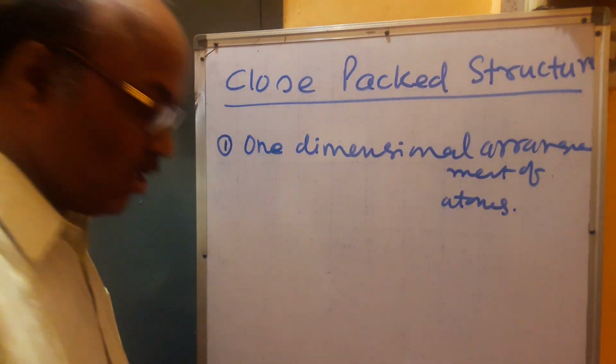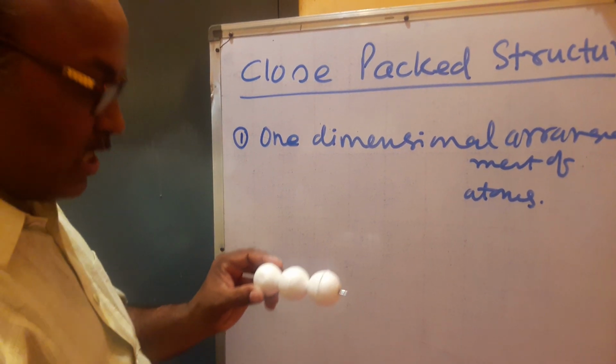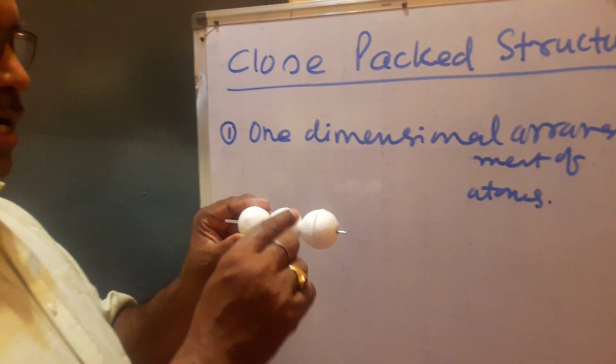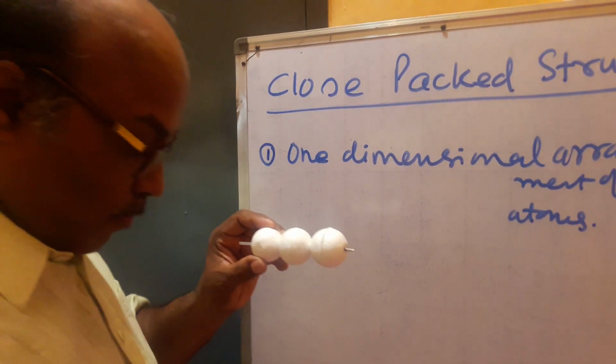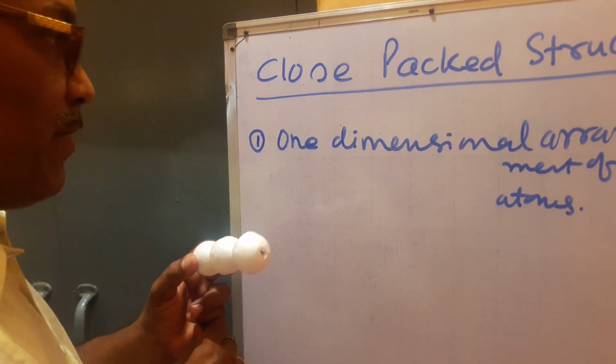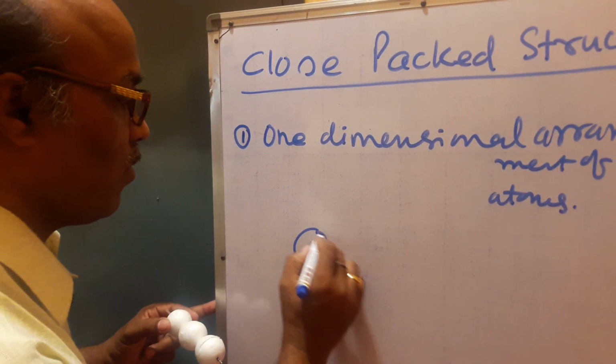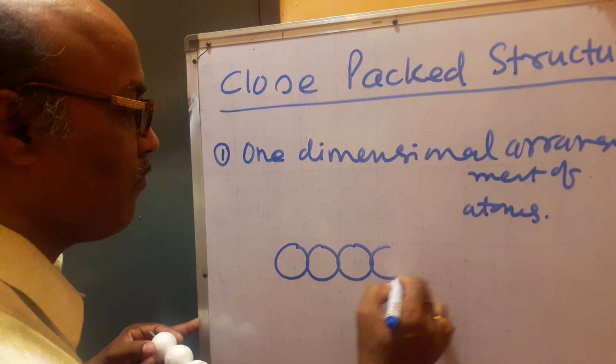Here I have taken three spheres. You see the three spheres here, 1, 2, 3. In this way, the atoms or spheres can join each other, forming a one dimensional structure, 1, 2, 3, 4, like this.